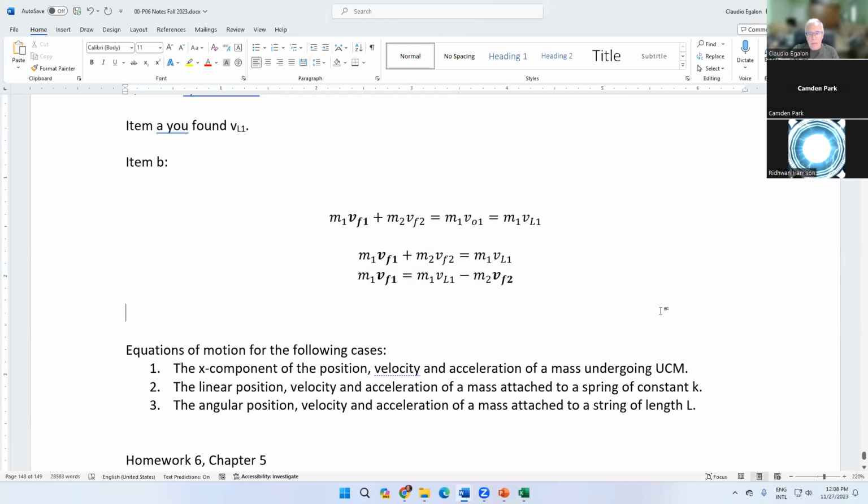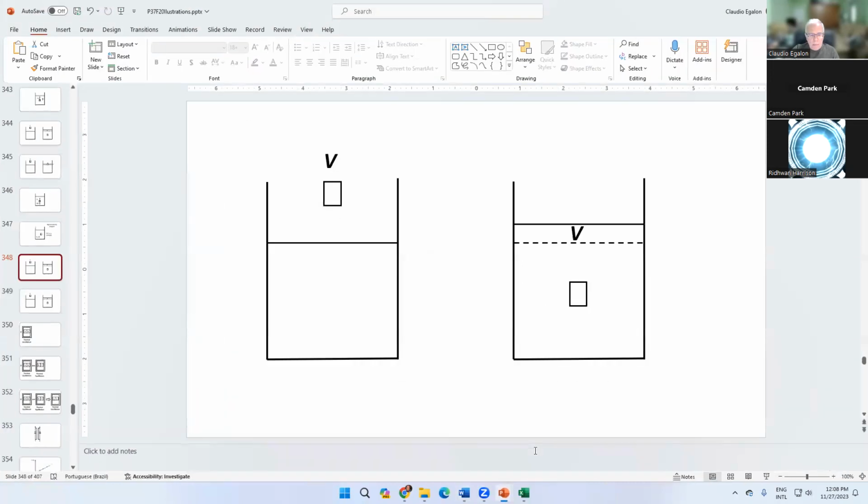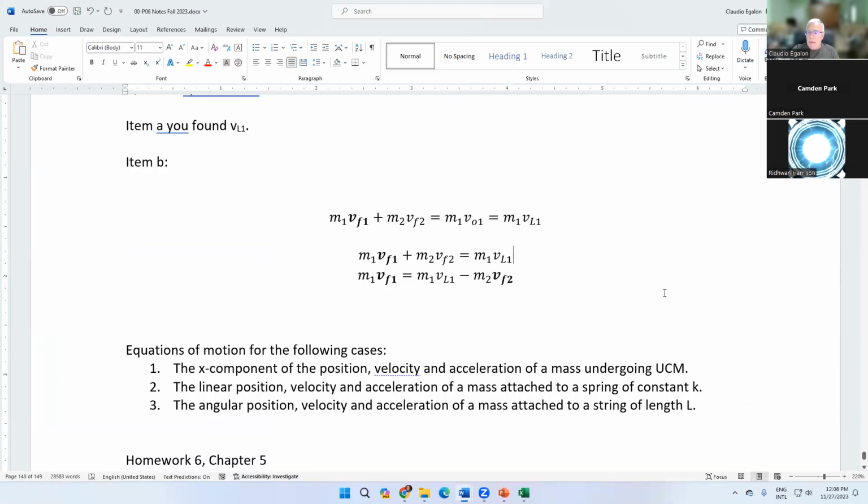You have to move the final velocity 1 to the left side. Well, it's an elastic collision.